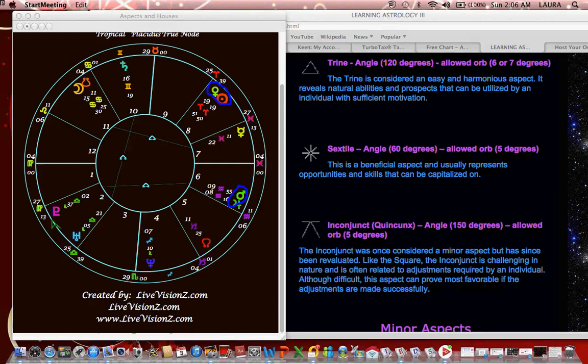You count the next sign as your 1. So you're going to go 2 degrees Virgo, that's 1. 2 degrees Sag is 2. 2 degrees Capricorn is 3, and 2 degrees Aquarius is 4, and there's your trine.